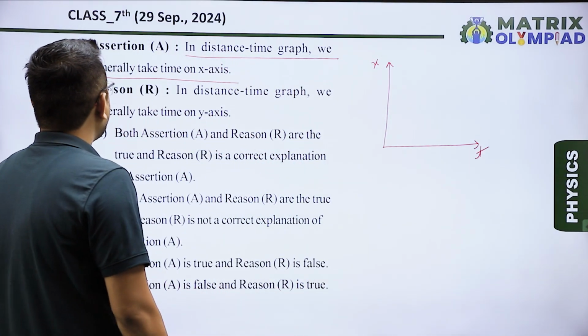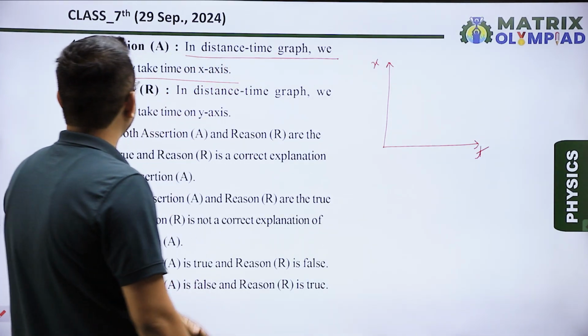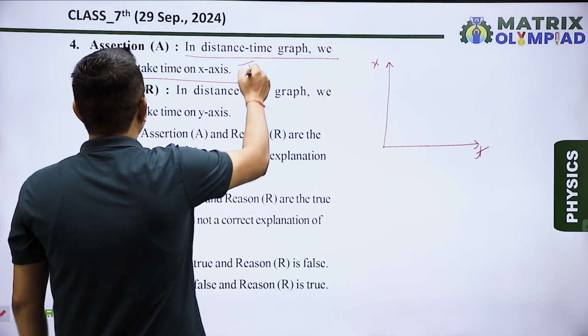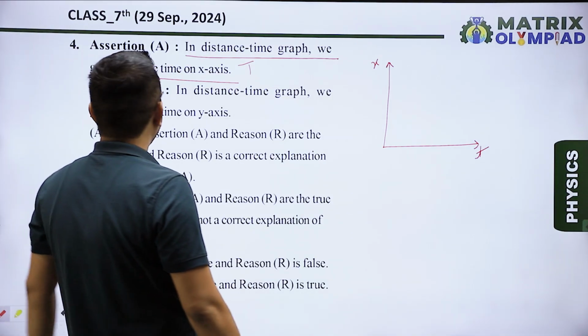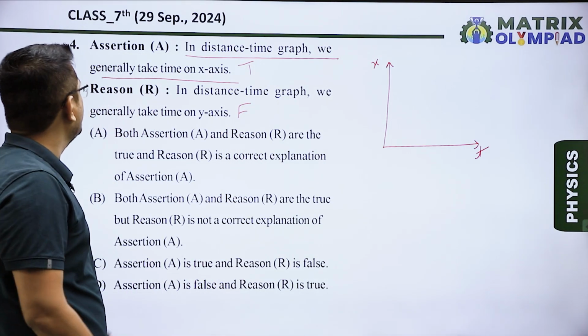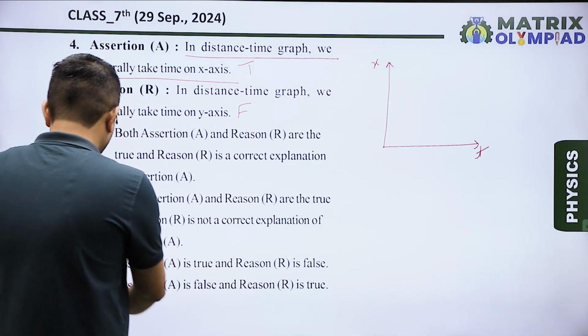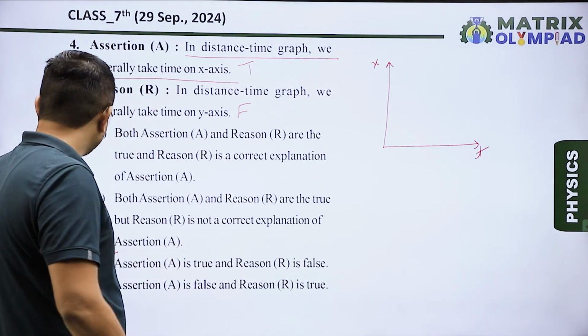So that is true. Reason: in distance time graph we generally take time on y-axis, this is a false statement. That means assertion is true and reason is false. So option C will be the correct answer.